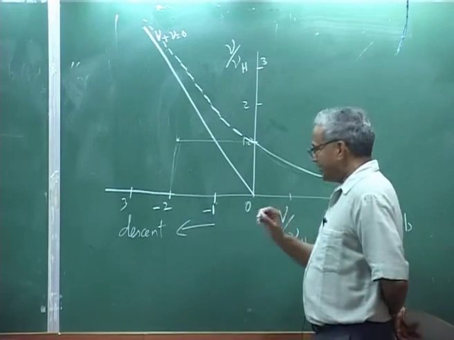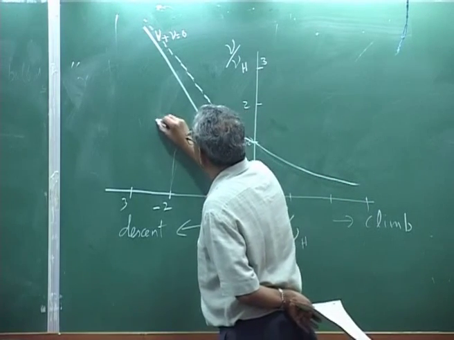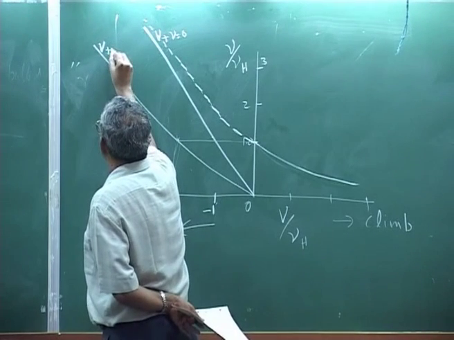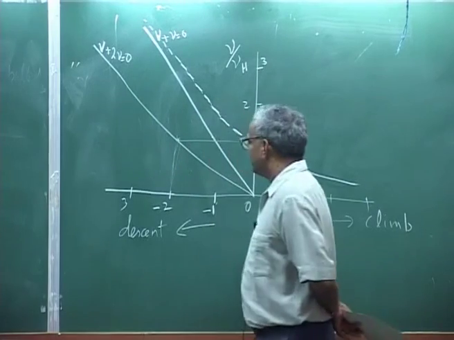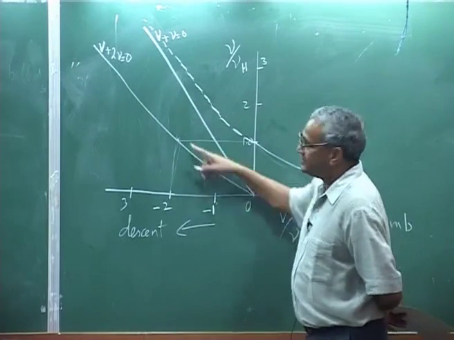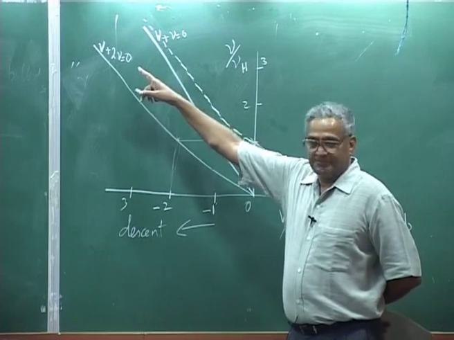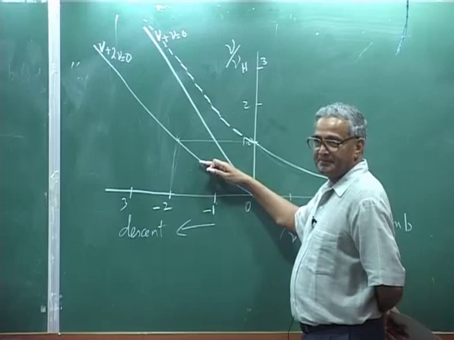I can draw one more line. This line is the V plus 2 nu 0 line. This is 45 degrees, this is maybe slightly lower.